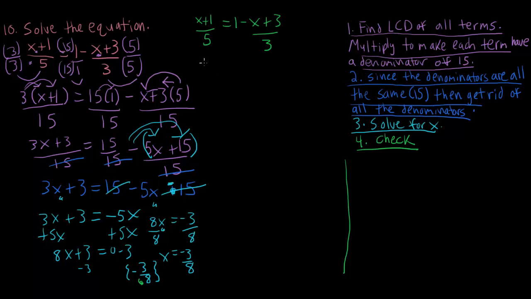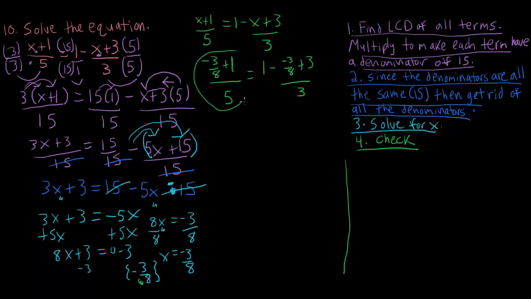And let's plug in the x value. So x value is negative 3/8 plus 1 over 5 equals 1 minus negative 3/8 plus 3 over 3.